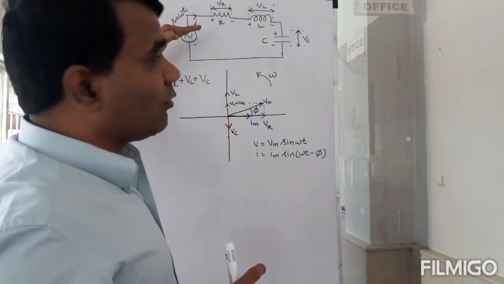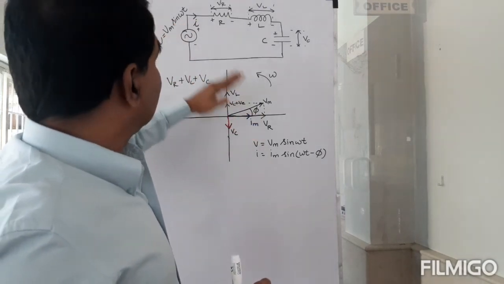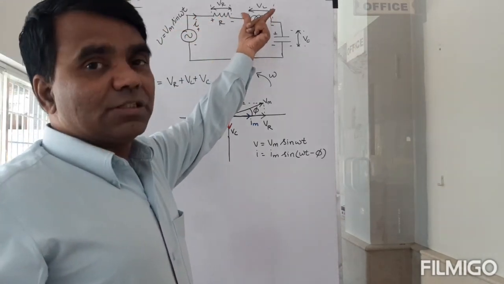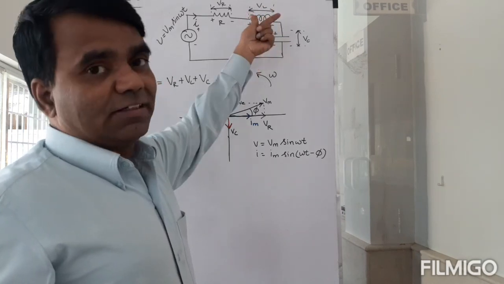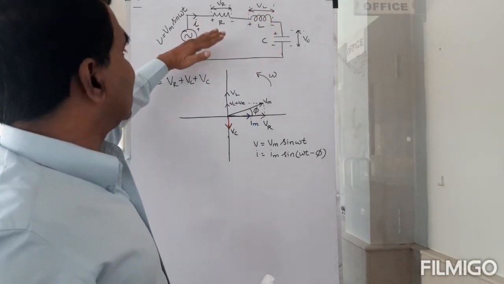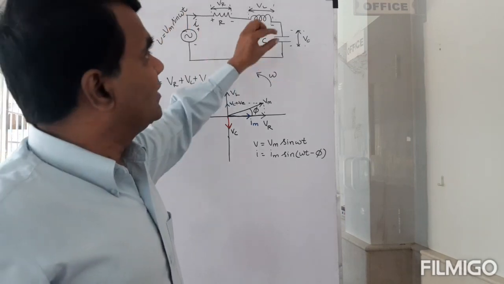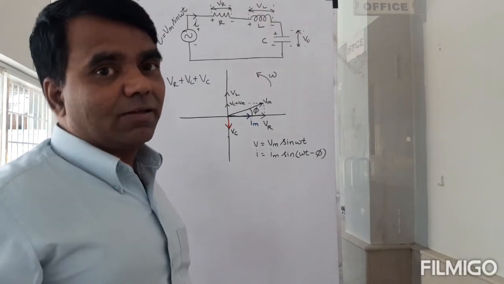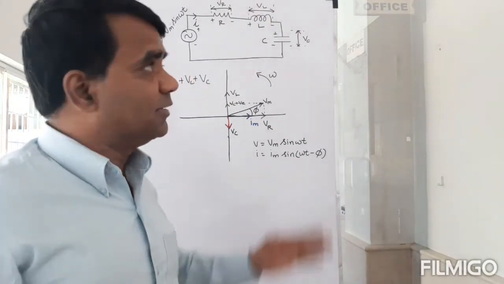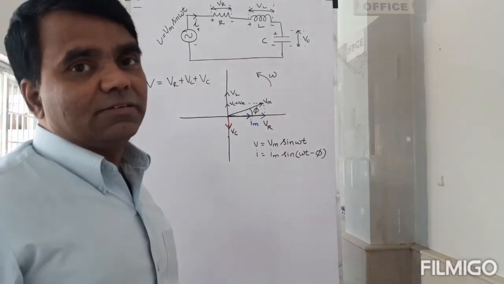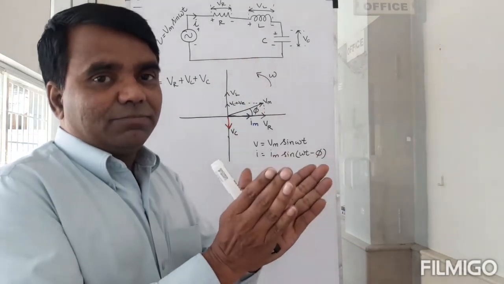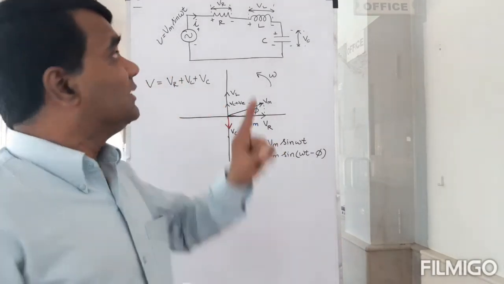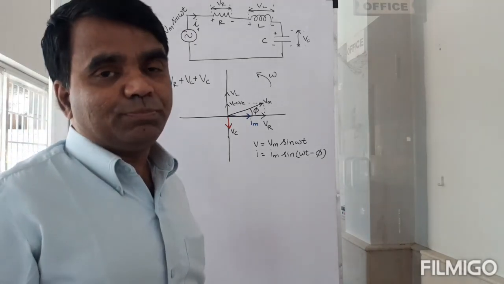If it is going to lag the applied voltage, I can say that the inductive effect is more than the capacitive effect. If the current leads the voltage, then the capacitive effect is more than the inductive effect. It doesn't have to be 90 degrees, obviously, because you're combining a lot of things here.